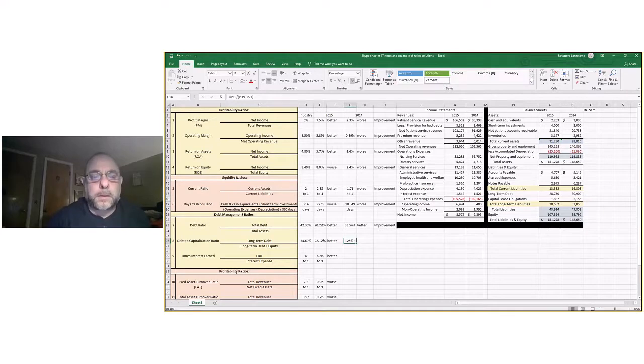About 25.1. So again, we were better than the industry, and we also reduced our debt. So there was improvement from 2014 to 2015.